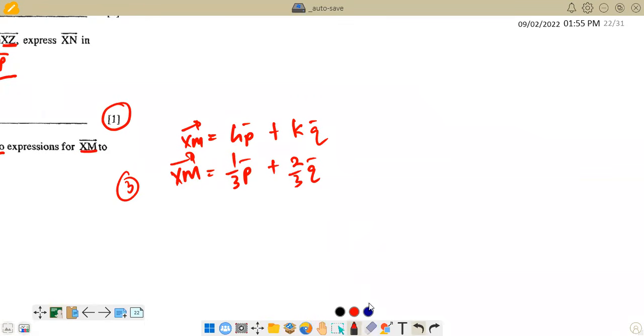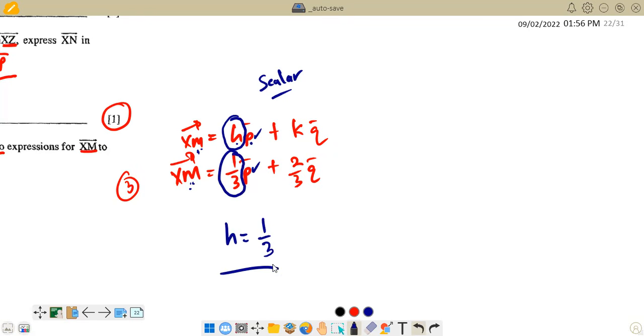So I told you, when we are dealing with vectors, if these two vectors are the same, it means this vector p and vector p are the same. So you equate the scalars, the one that is affecting the vector p, which is h. So h is equal to the scalar of this vector on the other side, which is 1/3. So h is equal to 1/3.